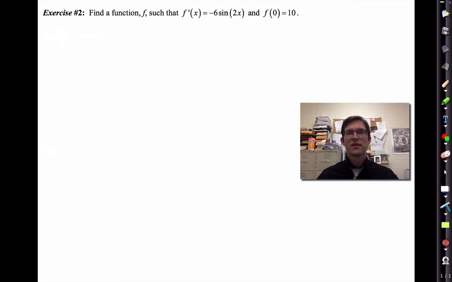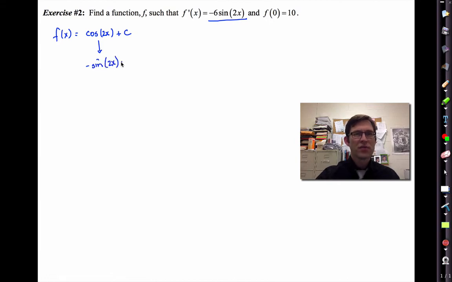All right, let's do it. Well, we'll guess and check here. I know that if this is the derivative, then my antiderivative must involve a cosine 2x plus c. Question is that right? Well, if I took the derivative of cosine, I'd get negative sine, and it would be 2x, and then I'd multiply by 2.